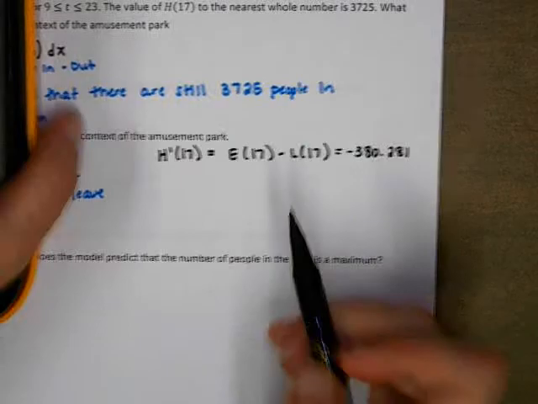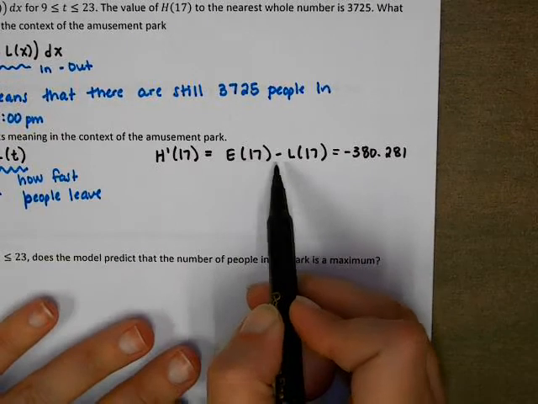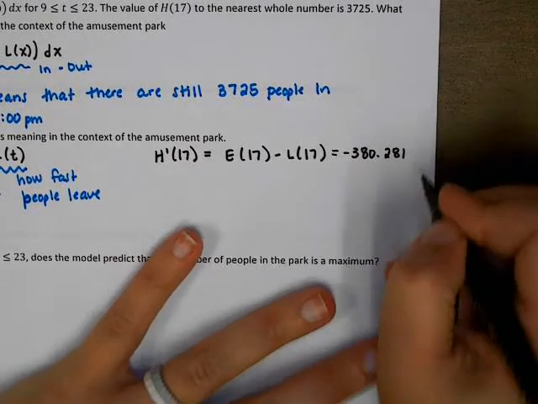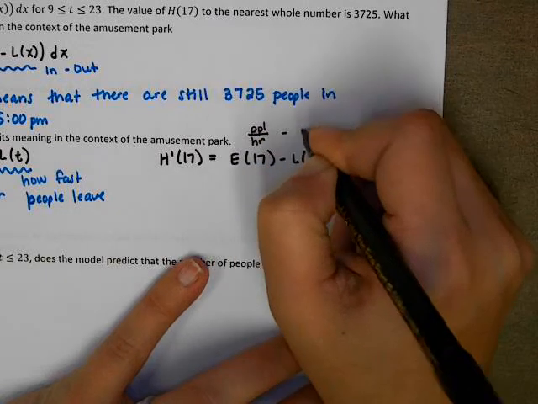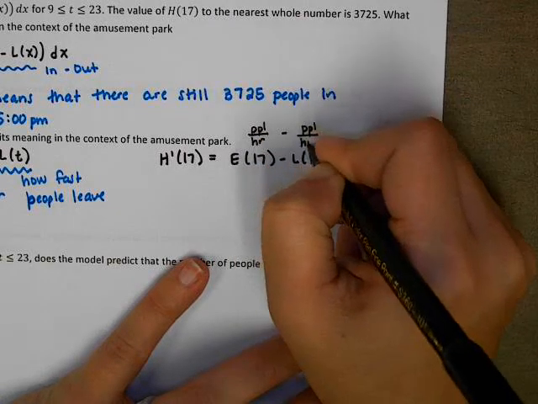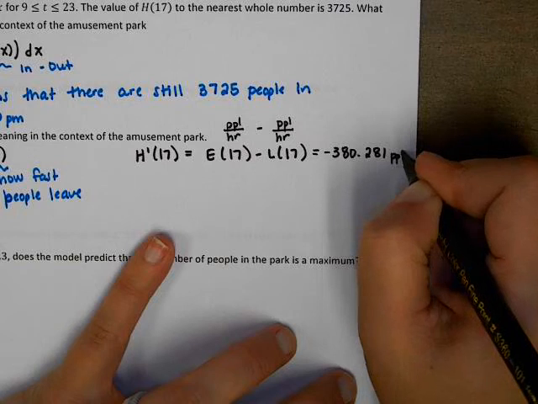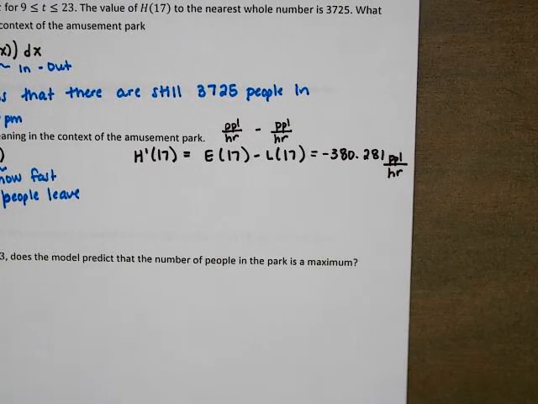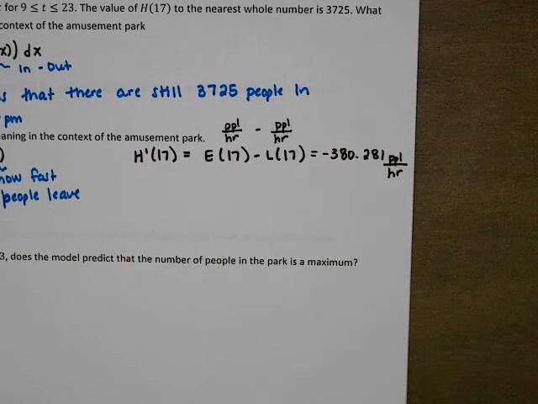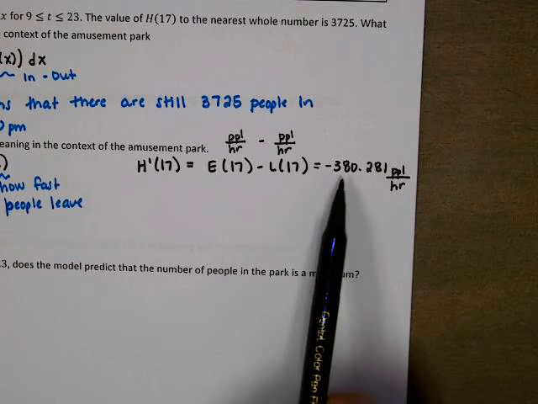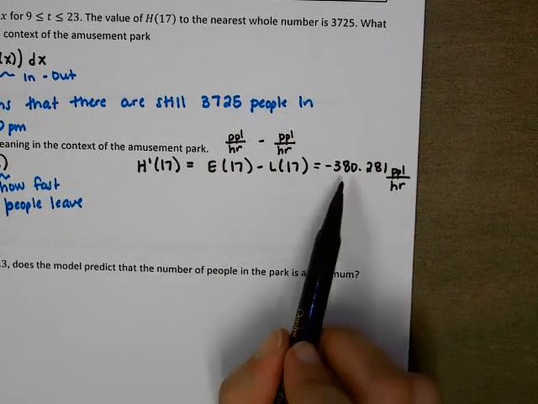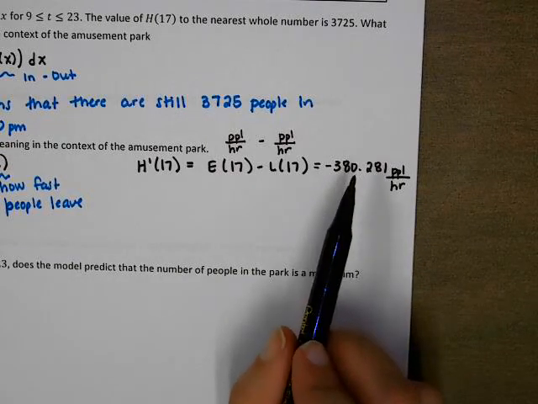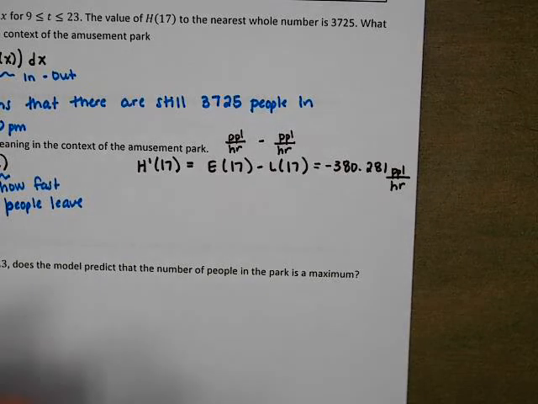Now we're looking at people coming in at people per hour minus people leaving at people per hour. So the units on our answer would be people per hour. So we're looking at how fast are people coming in and how fast are people going out. Well, it looks like we got a negative answer. So people are leaving faster than they're coming in. So I would say the rate at which people are coming in is negative. In other words, more people are leaving. So how would I interpret this?